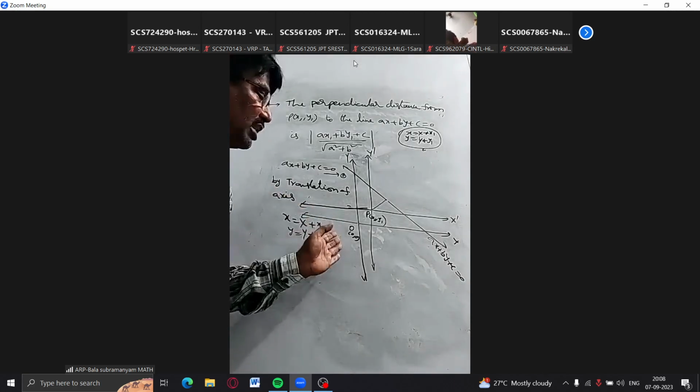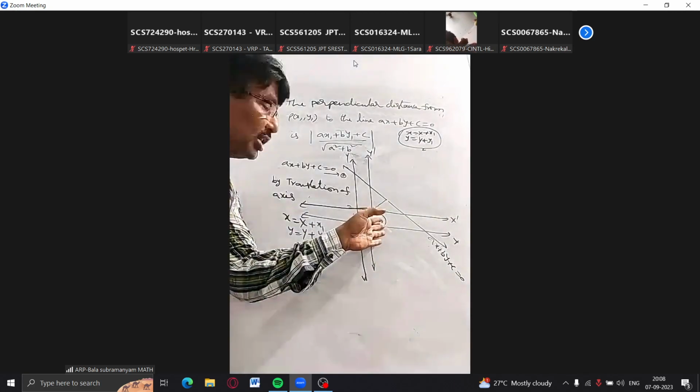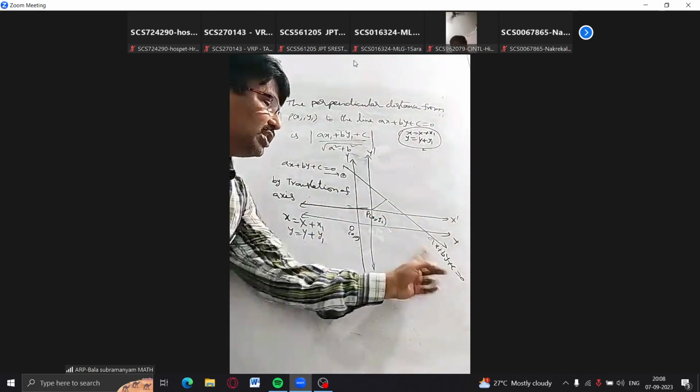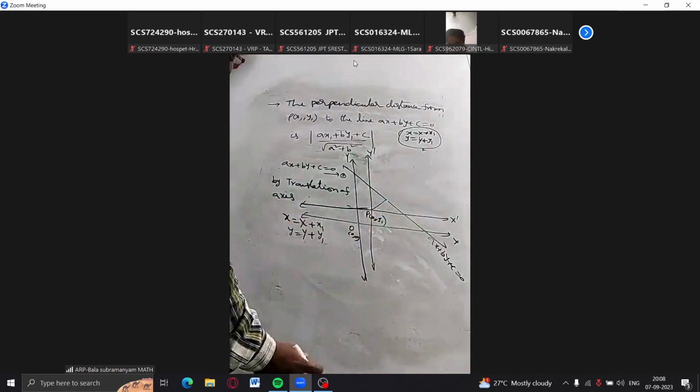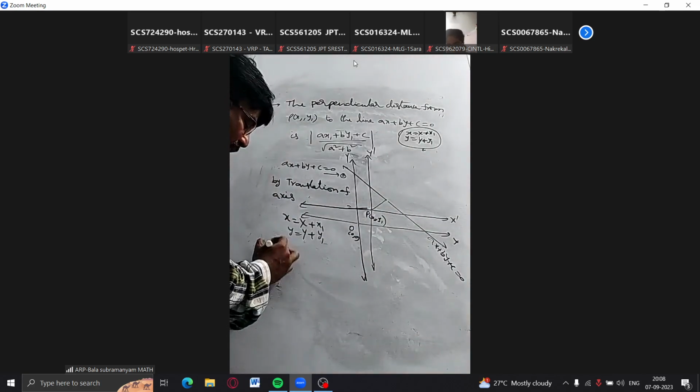Why? Because the origin shifted to P(x1, y1), so the equation changes.